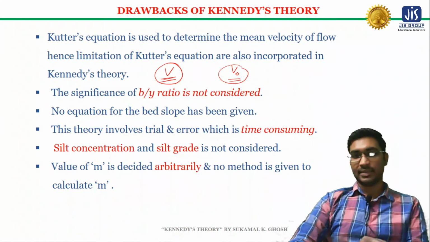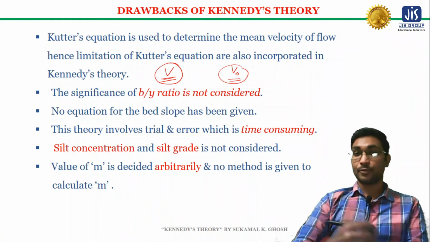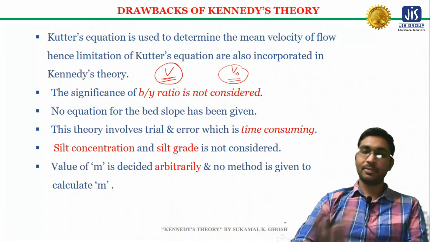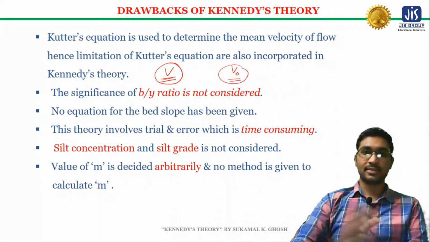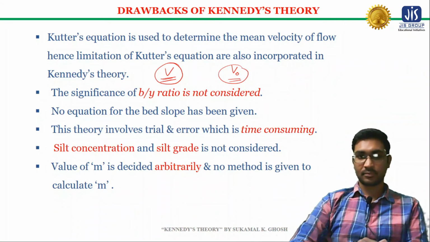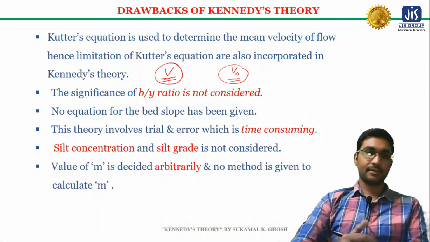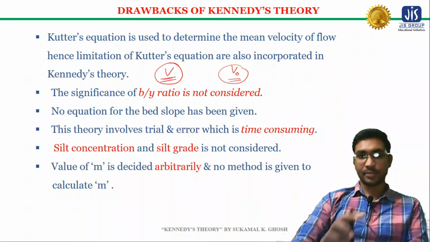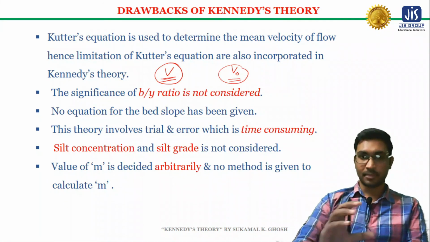That is why the limitations of Kutter's equation and Manning's equation are also the limitations of Kennedy's theory. If he had given some expression or formula for the actual mean velocity, then the limitation of Kennedy's theory would be much less.